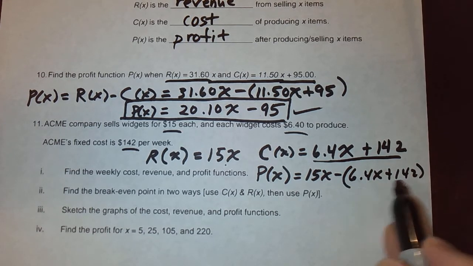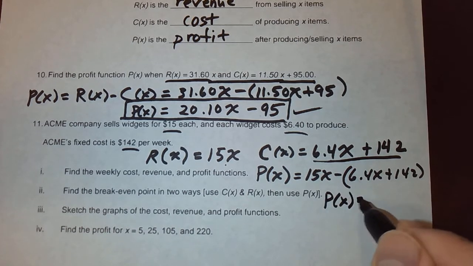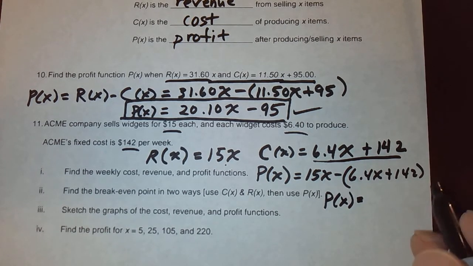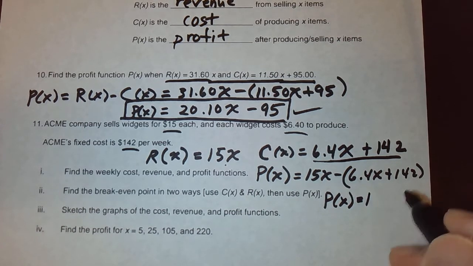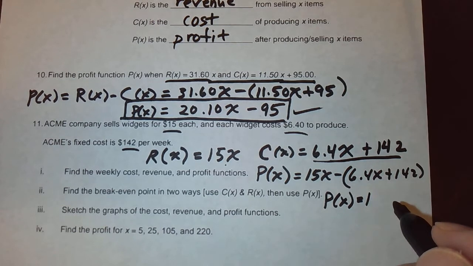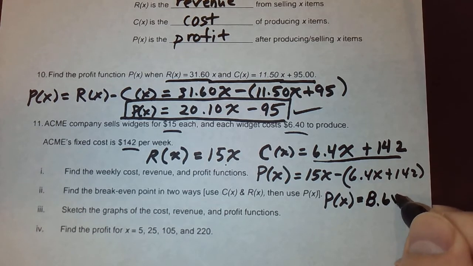That's the cost function, and I put it in parentheses. So that makes P of X, if I simplify P of X, 15 minus 6.4, so that'd be 8.6x minus 142.